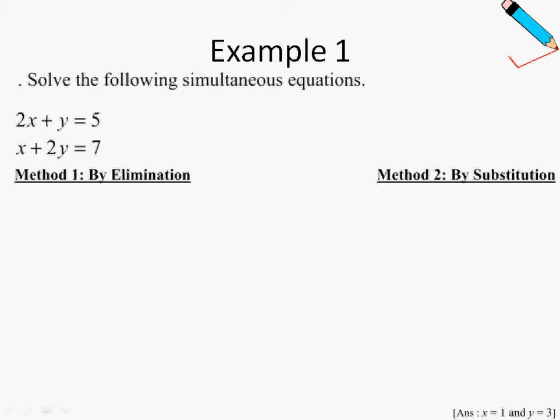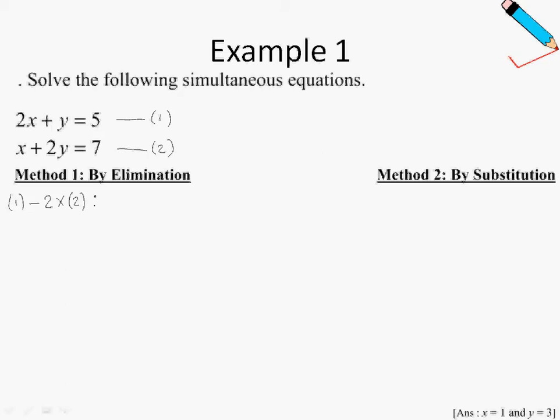So in example number 1, by elimination, we will first want to get rid of, or eliminate, one of the unknowns. So what I'm going to do is call this equation number 1 and call this equation number 2. Think of it carefully. If I want to get rid of the x component, I will take equation number 1 minus 2 copies, 2 times equation number 2.